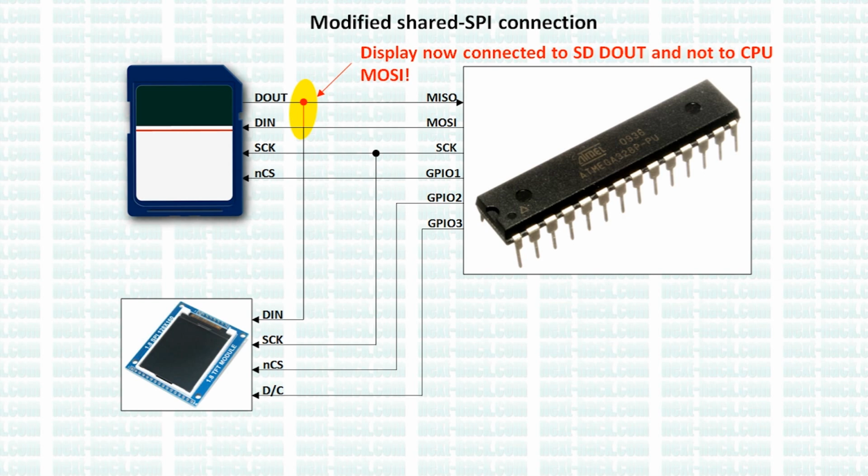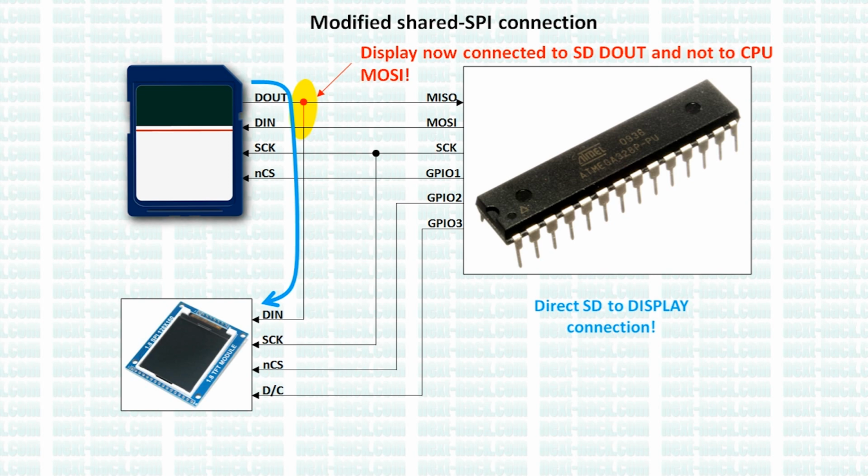In this way, by enabling the display when the SD card is actually outputting video data, we can directly transfer the video data from the SD card to the display. This resembles the Direct Memory Access technique, also known as DMA.